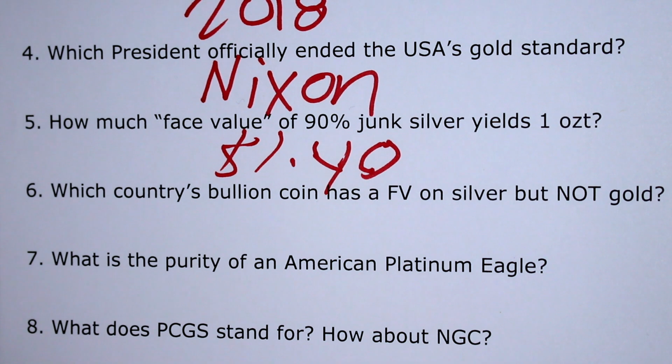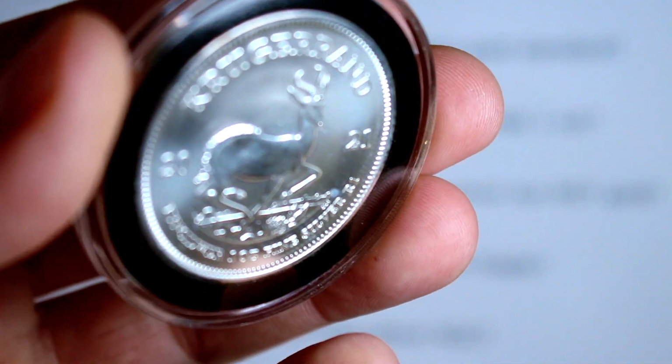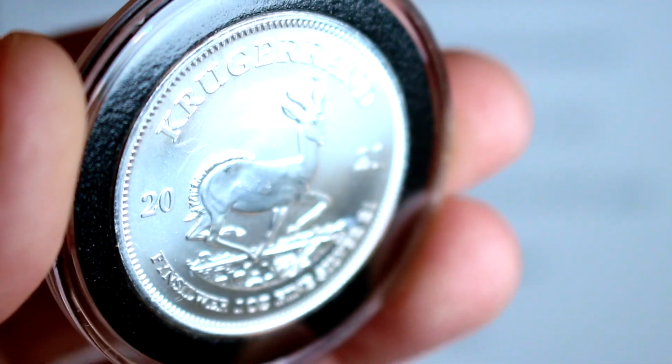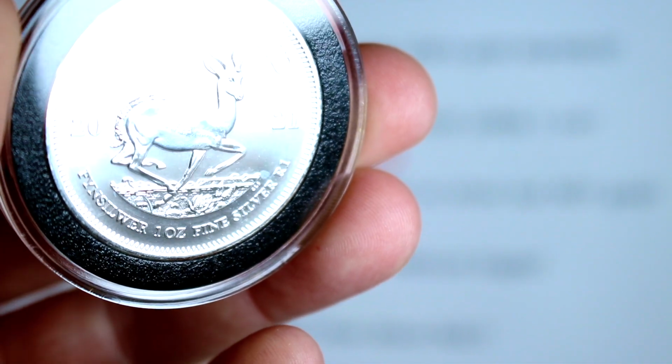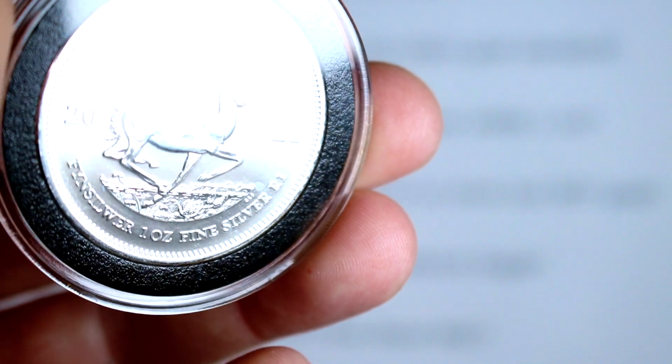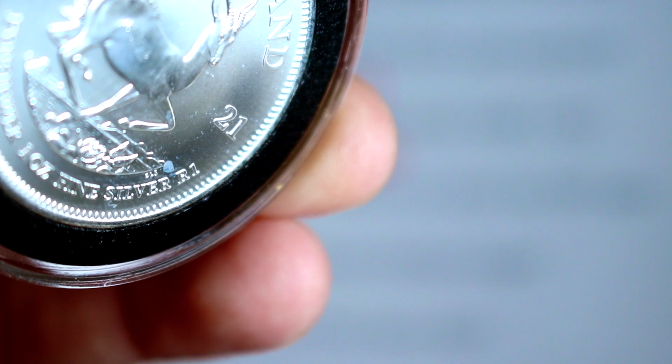However, there's one government that puts a face value on their silver bullion coins, but not the gold, and that is South Africa, the Krugerrand. And you might be thinking, silver forever, I don't see a face value on this thing. It just says Krugerrand 2021, fine silver, 1 ounce. Oh, what is that? Right there next to the milk spot, we have an R1.